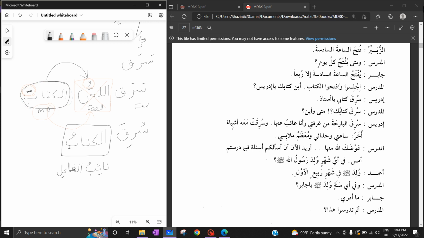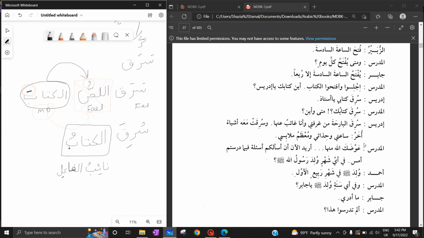This is because it is a ghair aqil plural, and we know the rule that for ghair aqil we take damir, ismul ishara and sifa in feminine form. Three things we take feminine in ghair aqil plural: sifa, damir, and ismul ishara.